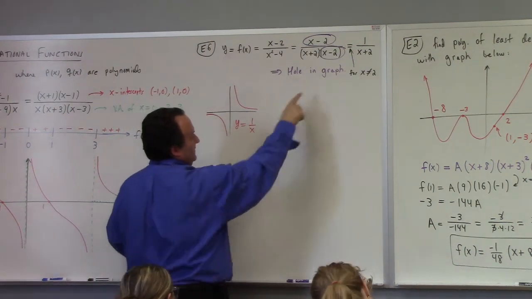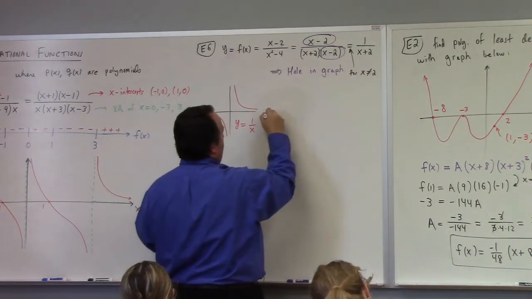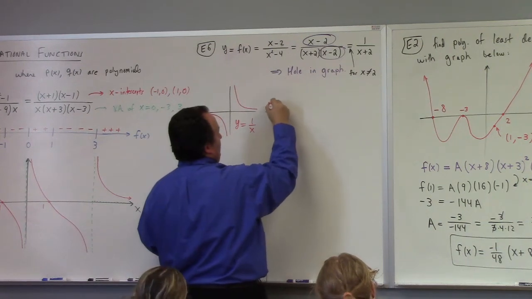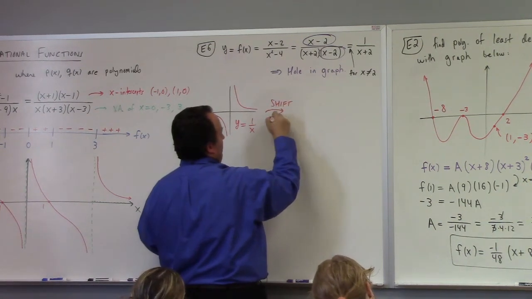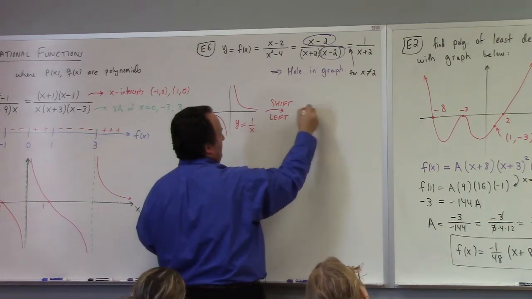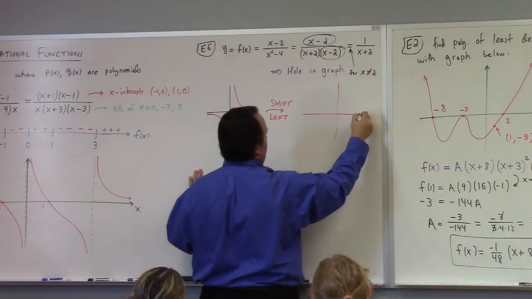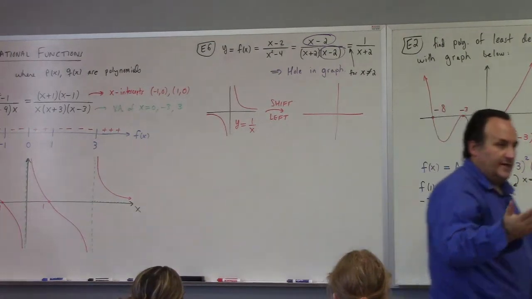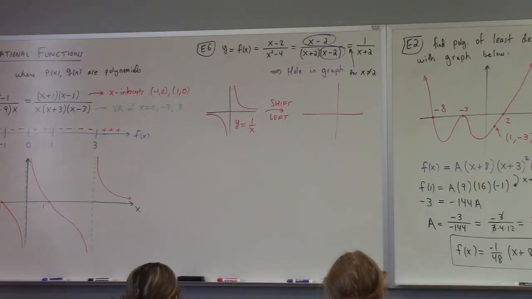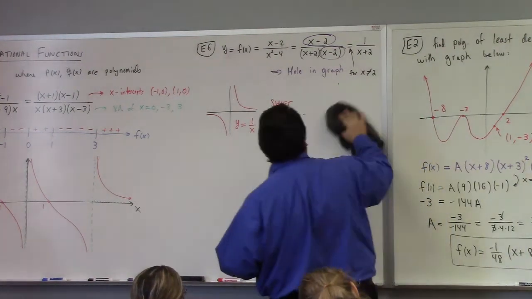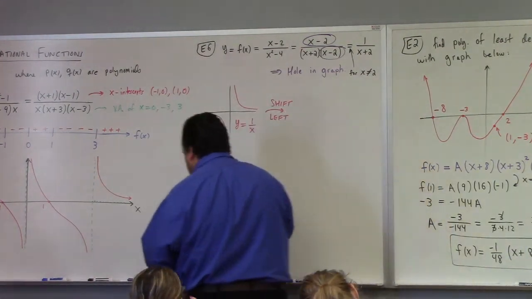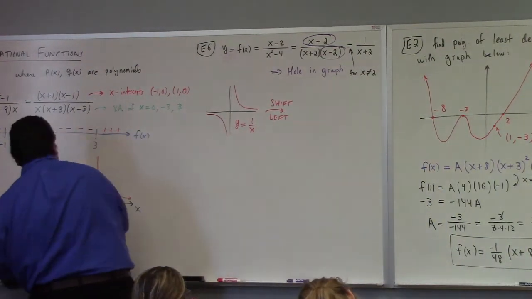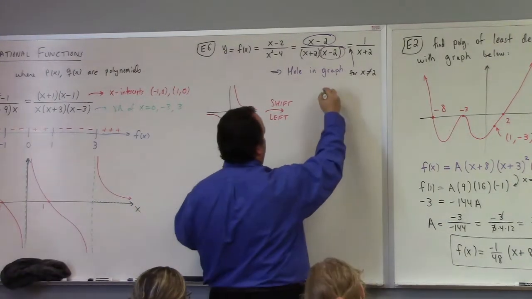And then to get to y equals 1 over x plus 2, we shift left, right? Correct? So there's a vertical asymptote at the y-axis in the reciprocal graph. We shift 2 units to the left. And our vertical asymptote is at minus 2, right?